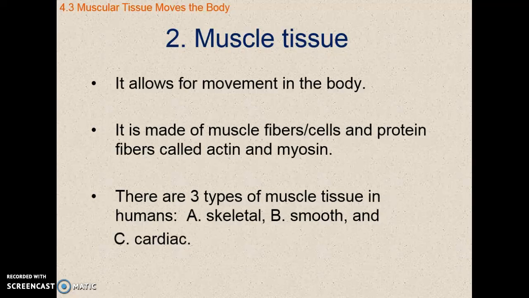There are three main types of muscle tissue. They're skeletal or striated, and that's how it's going to look when you look at the actual muscle tissue. There's smooth or non-striated muscle, and then there's cardiac muscle, which is sometimes known as semi-striated. Smooth and cardiac muscle contract involuntarily without conscious intervention.